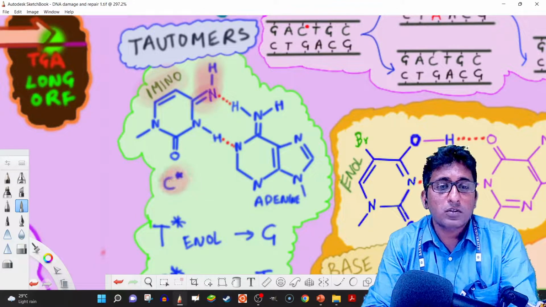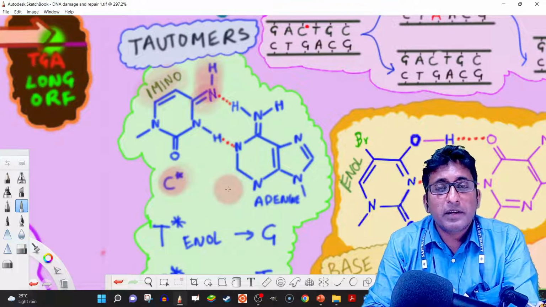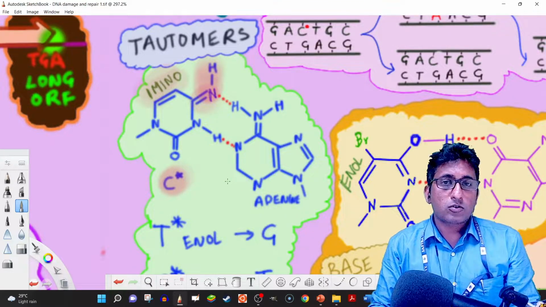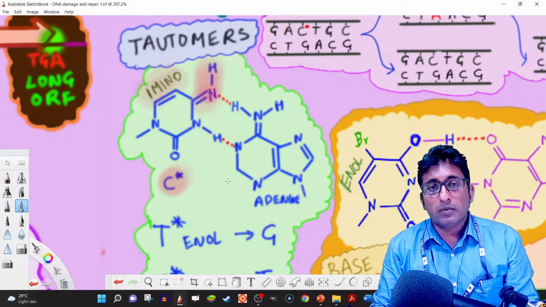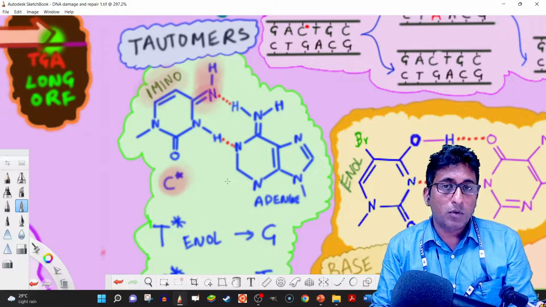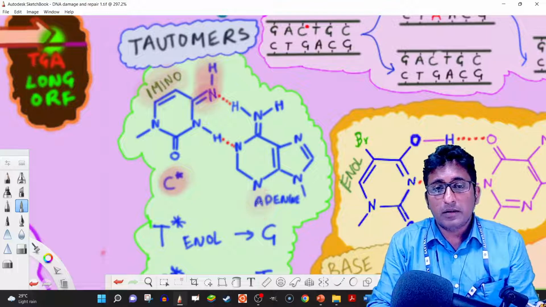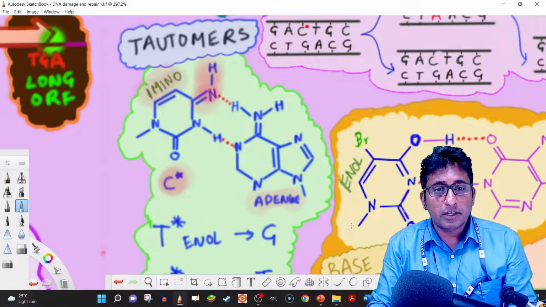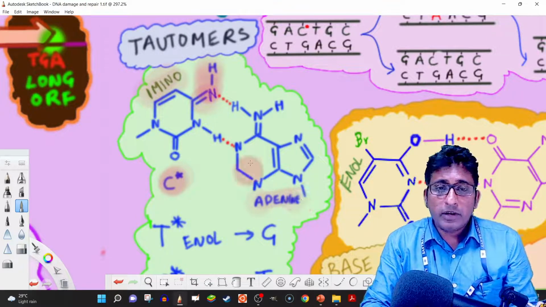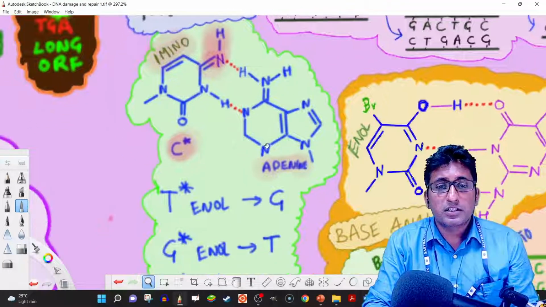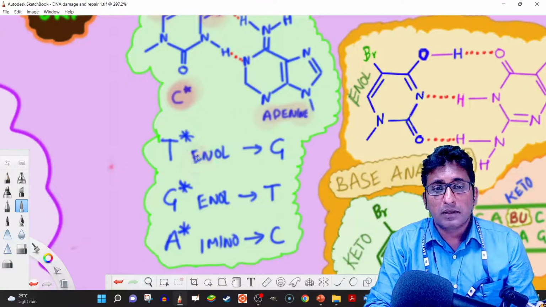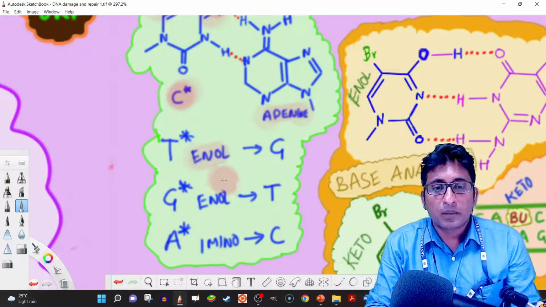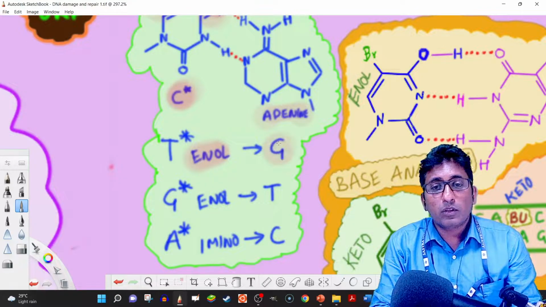Because of these changes, the base pairing specificities change. For example, cytosine normally would base pair with guanine with three hydrogen bonds, but when it is in imino form, it can base pair with adenine as well. Similarly, for every other nitrogenous base that we know, say for example thymine, in its enol form, the opposite of the normal keto form, would base pair with guanine.